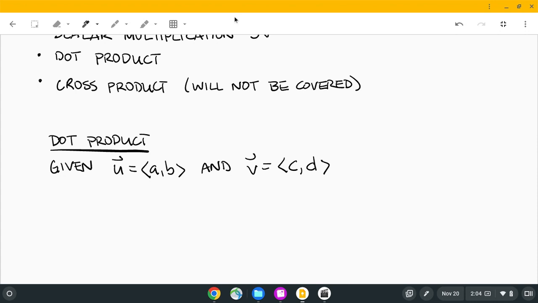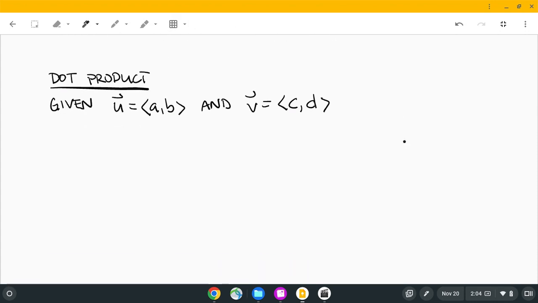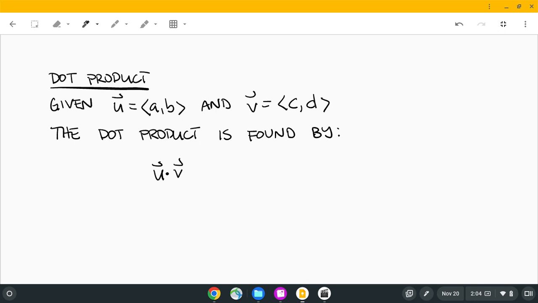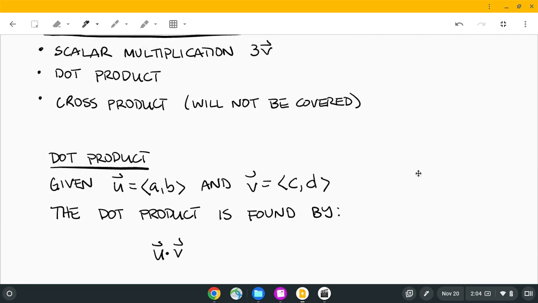The dot product is found by the following, and we use a dot. So dot product, you would say u dot v, and that's how you say it. And cross product, you would say u cross v.